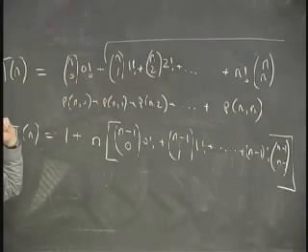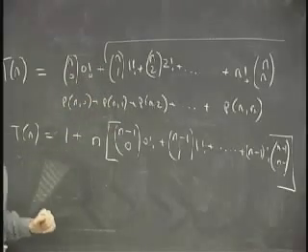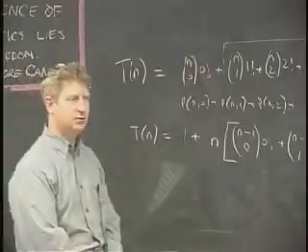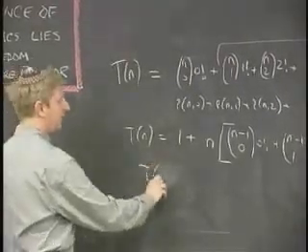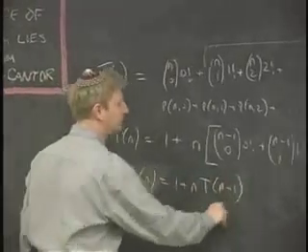And if you're wondering, is that really true, check it yourself. If you play enough with it, you'll see that it's true. So what does this tell you? It tells you that T of n equals 1 plus n times T of n minus 1.